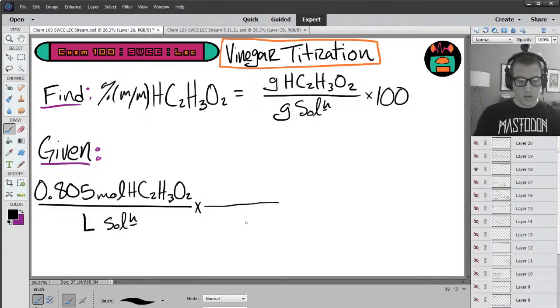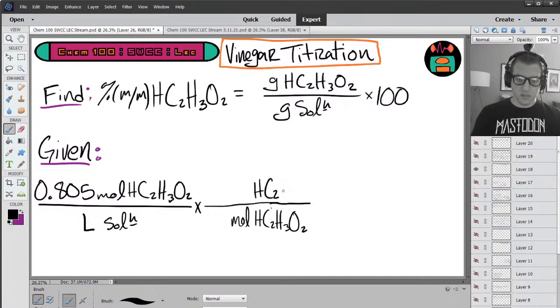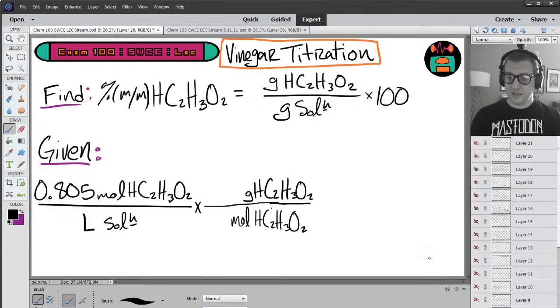First, we want to convert from moles of acetic acid to grams. So we have a molecular weight to calculate. Let me sidebar that right here.